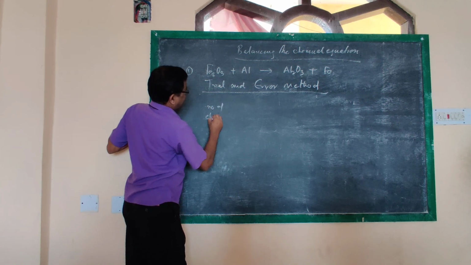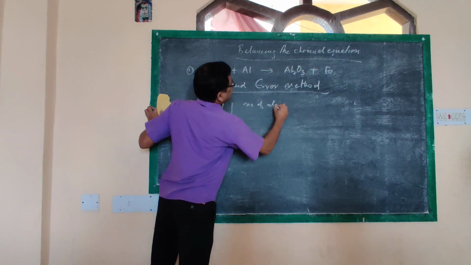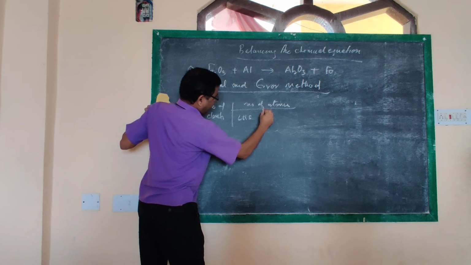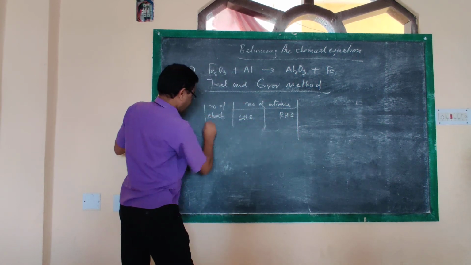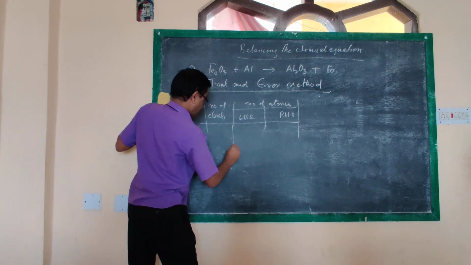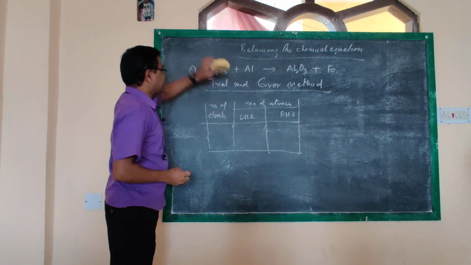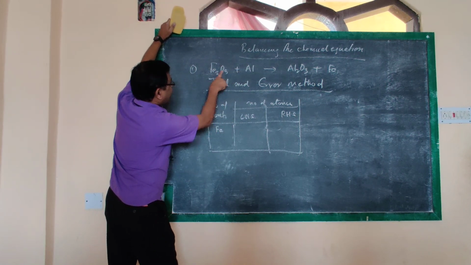Here we see the number of elements and the number of atoms. Let us make a table with LHS and here the right hand side. Look into this reaction now, in an unbalanced situation. What are the elements we are having?